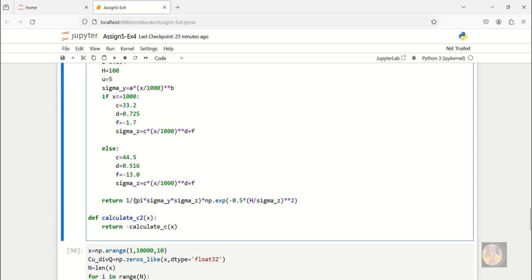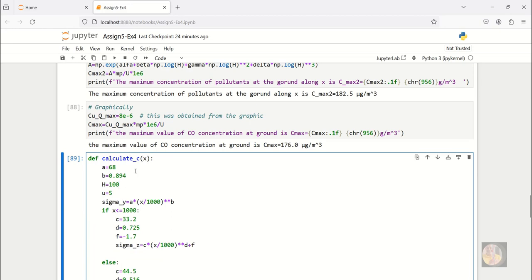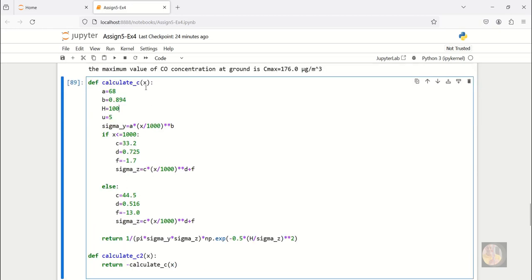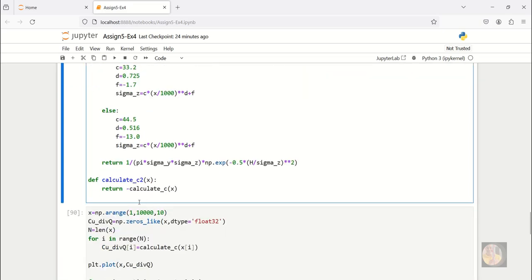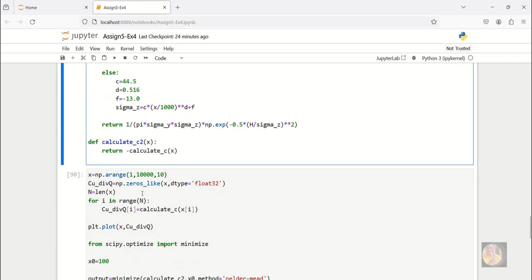And here, as you see, I'm returning from this function, okay? It has as input X, and in the output you have 1 divided by pi, sigma Y, sigma Z, exponential minus half, H divided by sigma Z squared. And I will not use this function. I will use minus this function because I'm gonna minimize it. I'm gonna find where the minimum is.